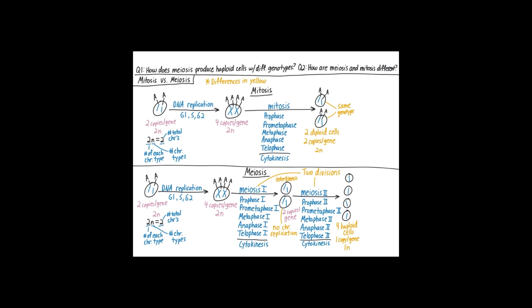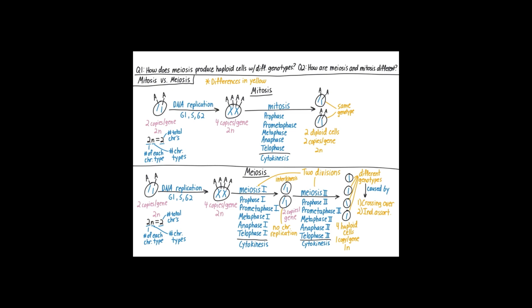These haploid cells would all have different genotypes, which is caused by the processes of crossing over and independent assortment, which we'll discuss on the next page and in later videos.